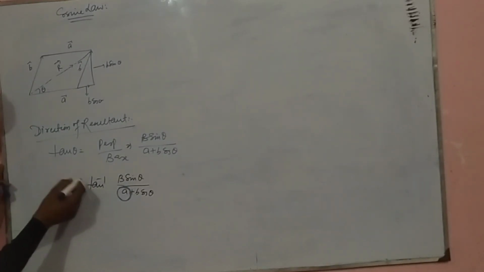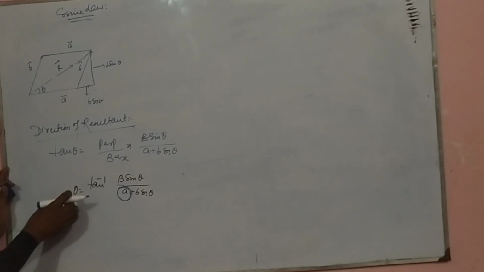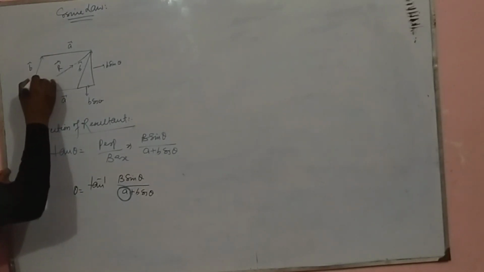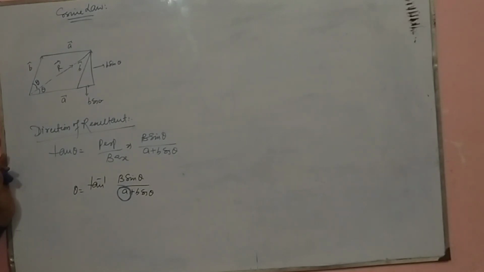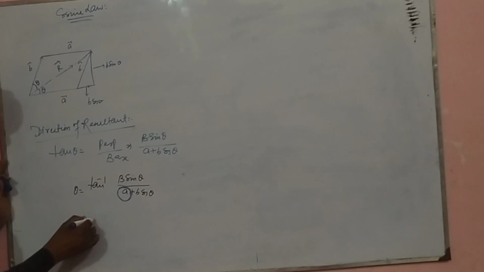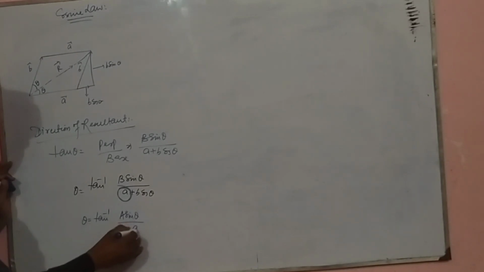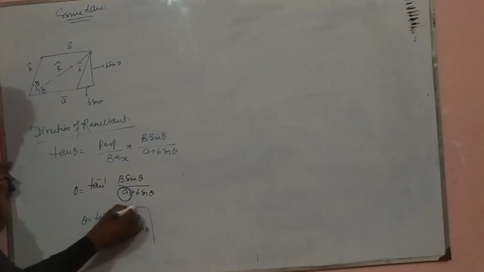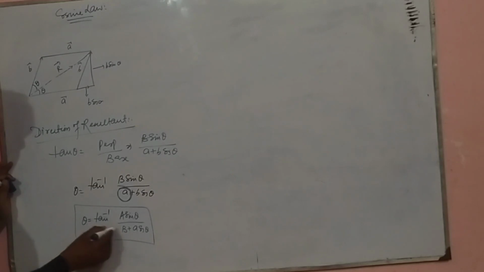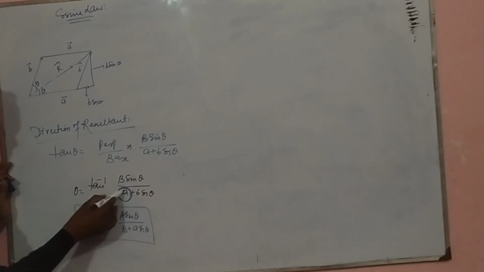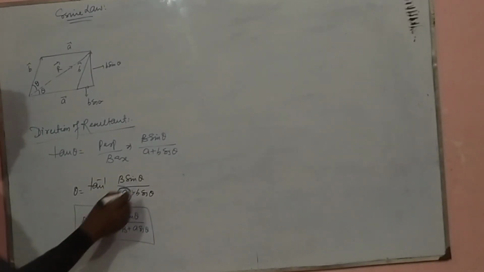And if we want the direction of the resultant with respect to the b vector, then it equals a sin theta upon b plus a cos theta. This will be the direction of the resultant with respect to b.